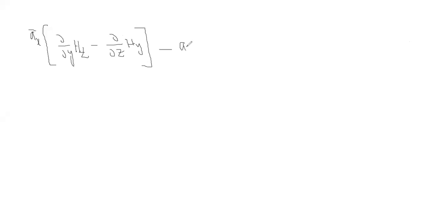Minus the second term, take it as a negative a_y bar into dou by dou x of H_z minus dou by dou z of H_x. This is the equation.